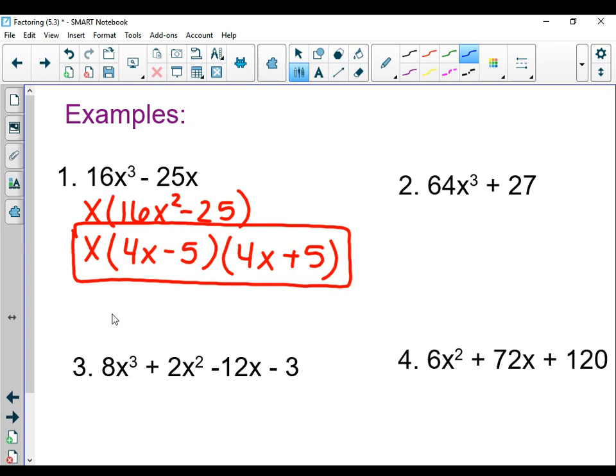Okay, what about the second one? Who wants to walk me through the second one? Okay, you take the cube root as well, so 54 is 4x, then plus 3. Alright.